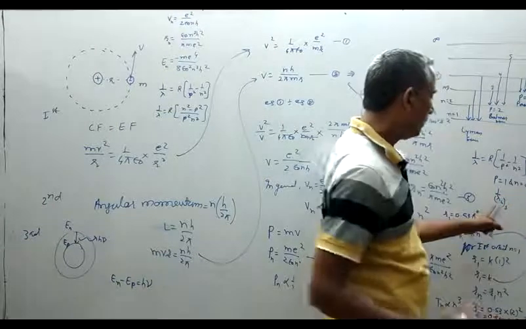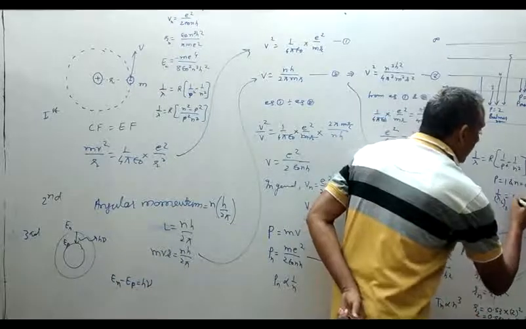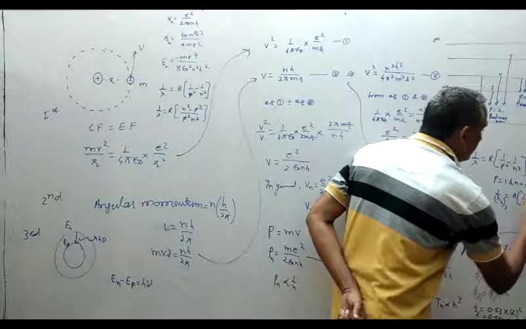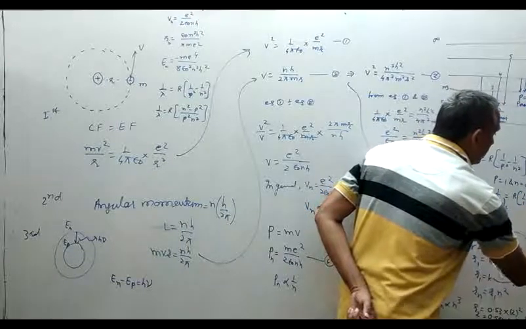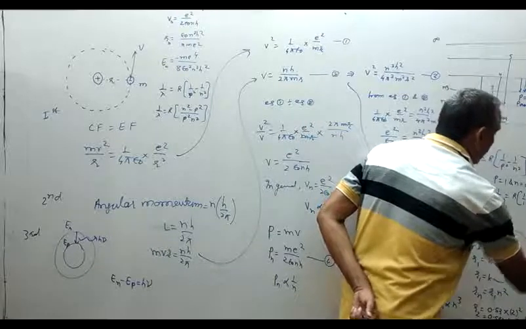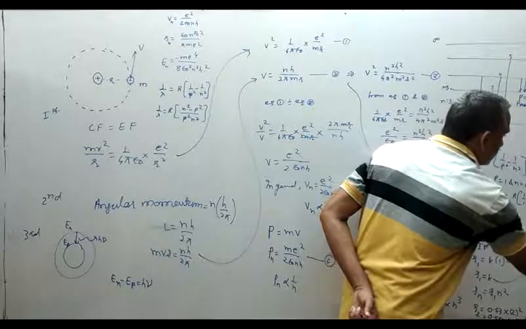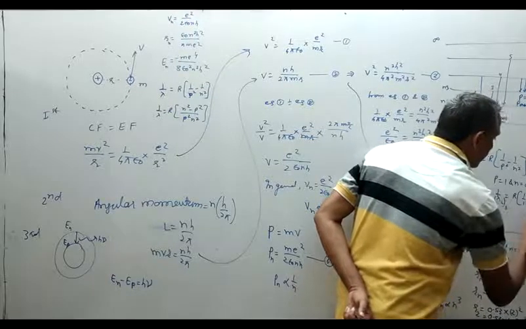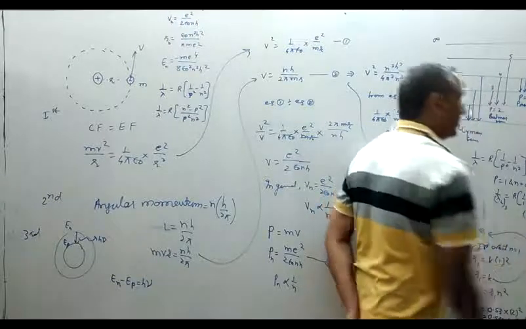In that case, 1 upon lambda LS, the shortest wavelength of the Lyman series, is equal to R in bracket 1 upon 1 square minus 1 upon infinity square, that is R in bracket 1 upon 1 minus 0, therefore R. So lambda LS is equal to 1 upon R, equation number 1.